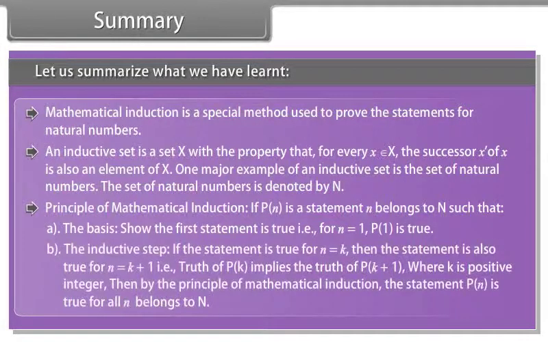The inductive step: if the statement is true for n is equal to k, then the statement is also true for n is equal to k plus 1. That is, truth of Pk implies the truth of Pk plus 1, where k is a positive integer. Then by the principle of mathematical induction, the statement Pn is true for all n belongs to capital N.